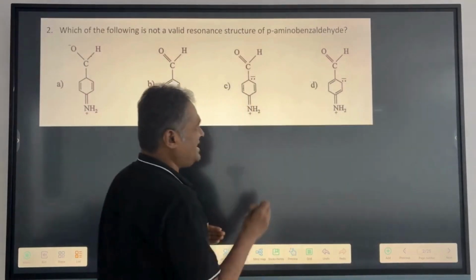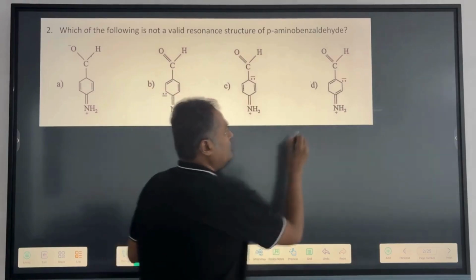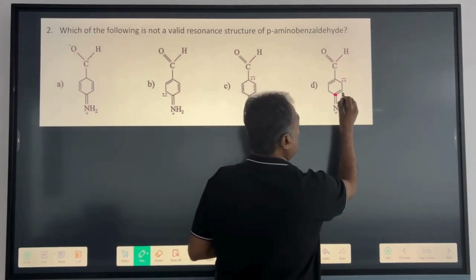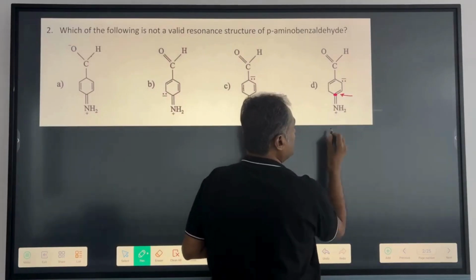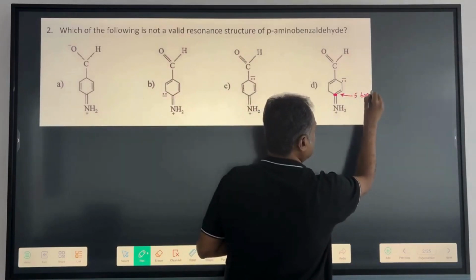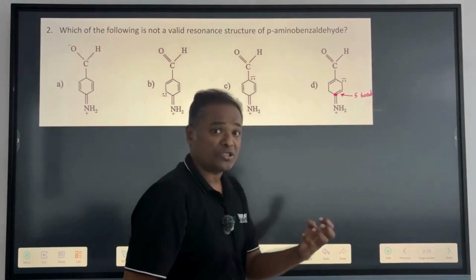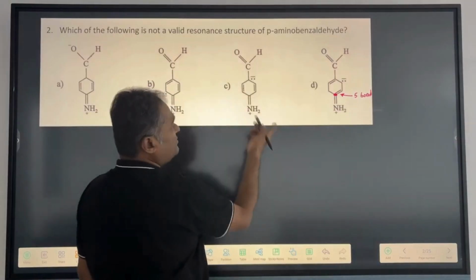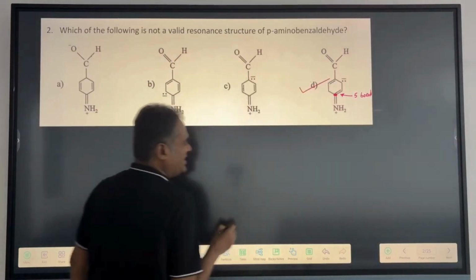So here, in example D, you can very clearly see this carbon atom contains 5 bonds, and as per the concept, carbon cannot cross tetravalency. So it is not a valid structure; your correct answer has to be D.